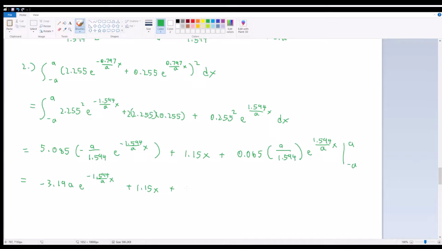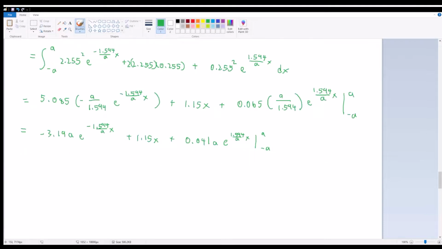This is 0.041 a e to the 1.594 over a times x, evaluated from negative a to positive a.